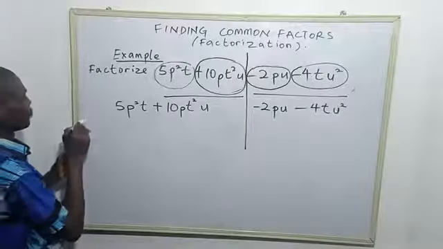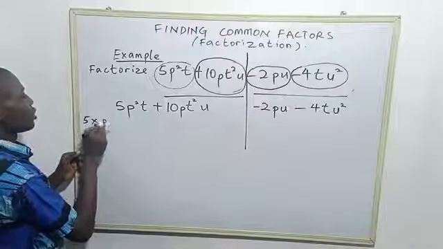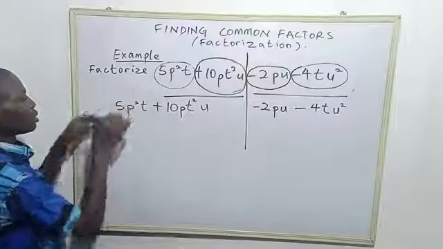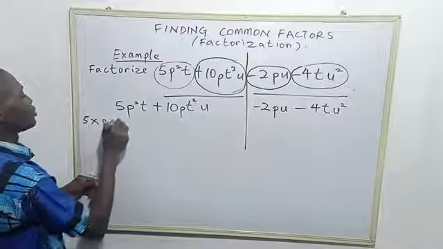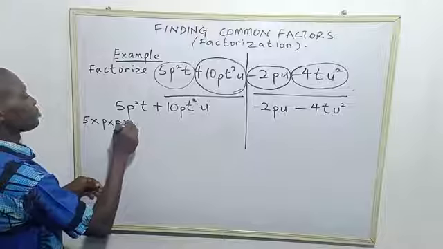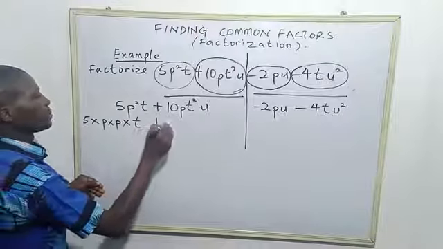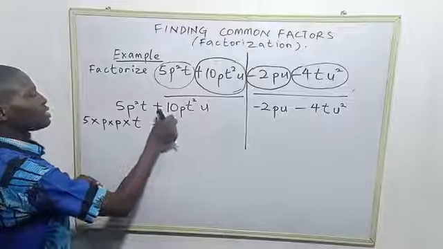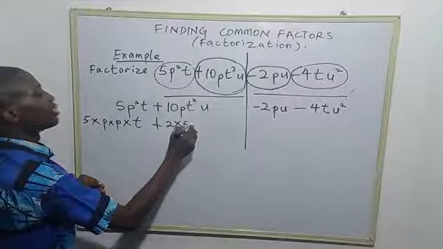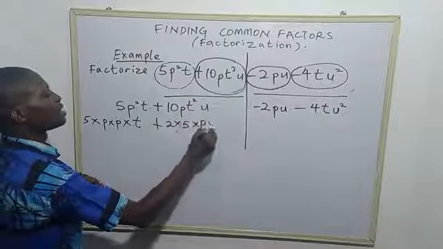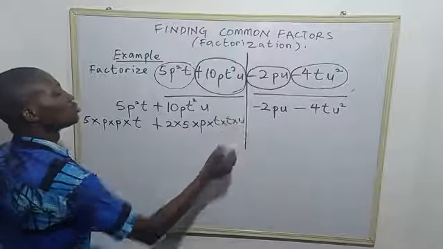In expansion, 5 times p times p, the p is squared, so p times t. Okay, plus, instead of writing 10 again, make it 2 times 5 times p times t times t times u.